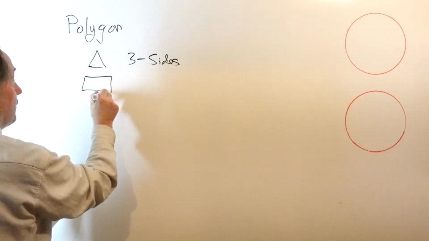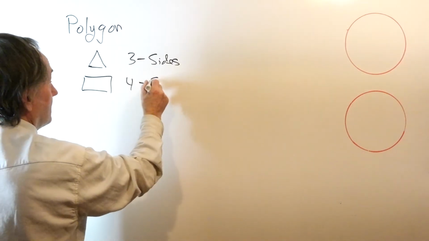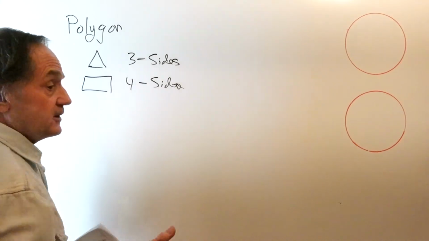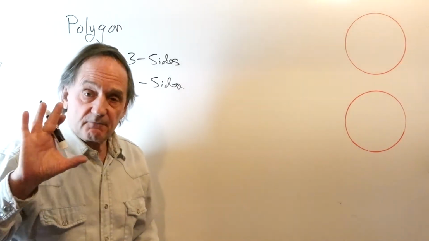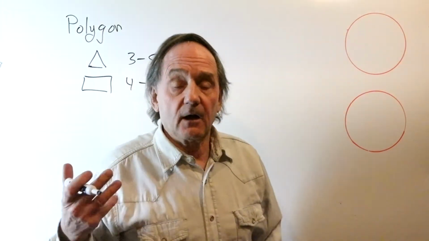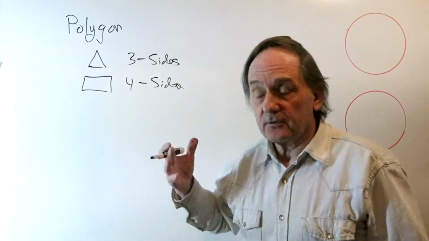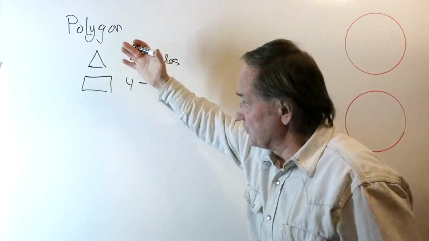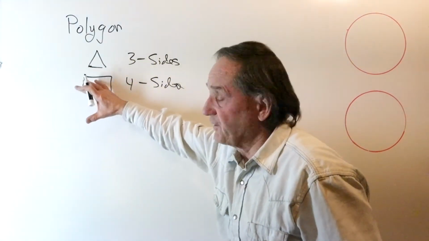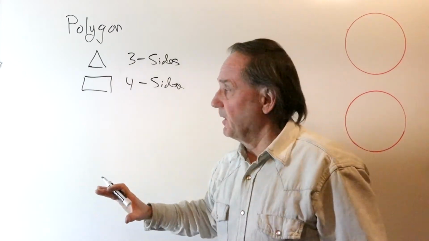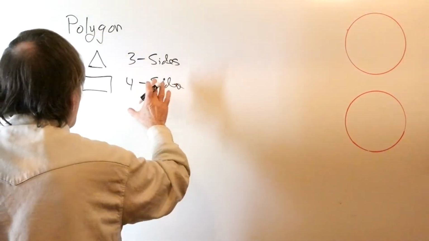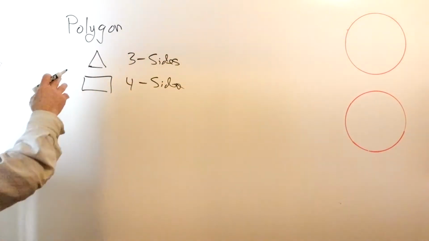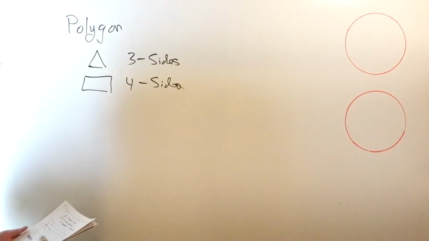And then we have a four-sided figure we call a rectangle. A five-sided figure is called a pentagon, penta as in five, hexagon for six, and so on. There are a number of terms used to describe closed figures with multiple sides, but we aren't going to go into these higher order figures. We won't need to. At most we'll be dealing with triangles and rectangles.